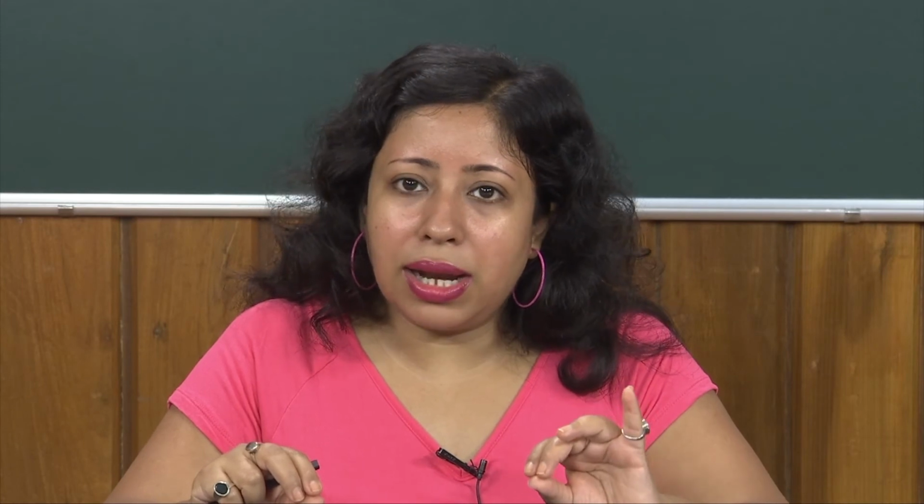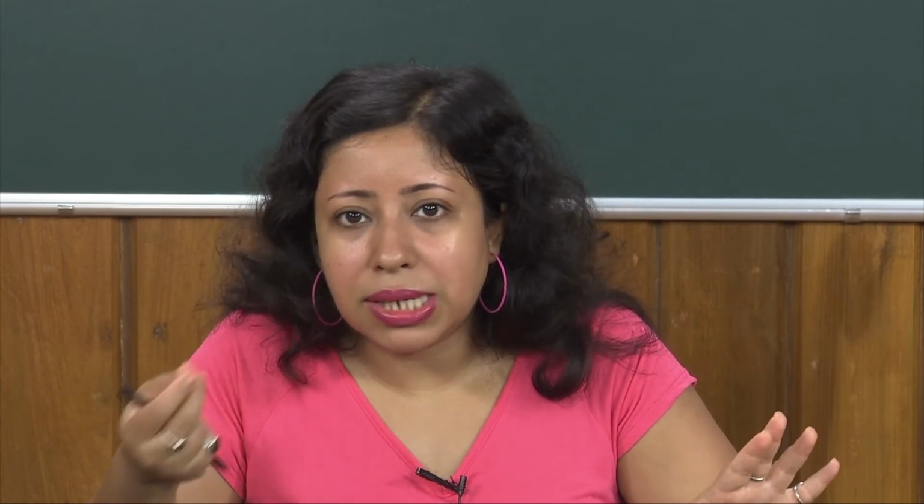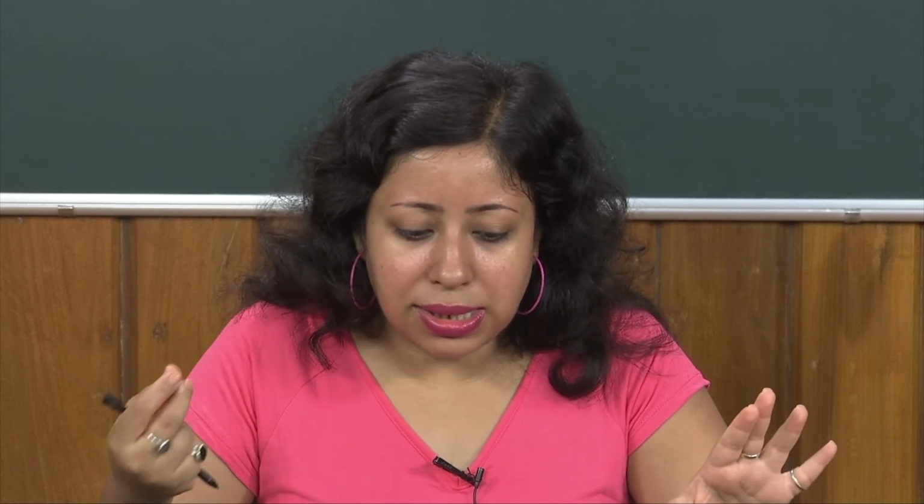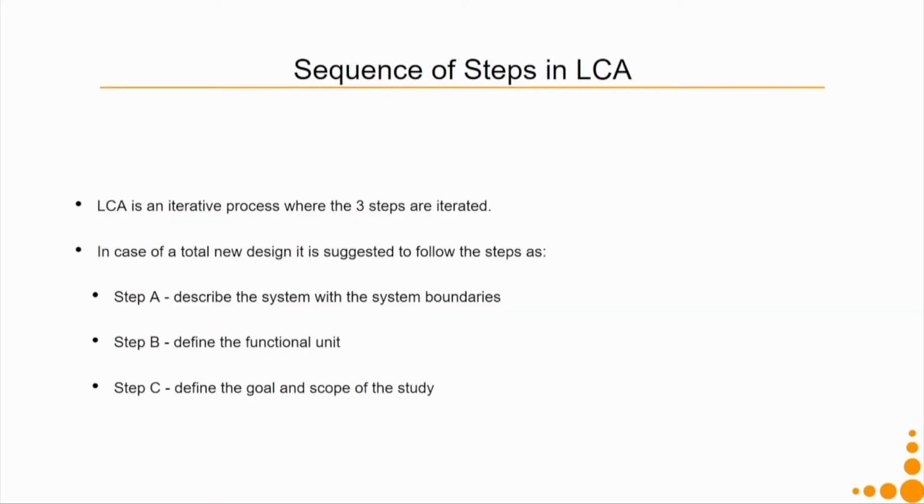Say for example, we did the calculation with a particular functional unit, and while doing it we realize that there is another aspect of the design which we could have improved or which we could have brought into the functional unit. We again redo and change the description of the system, change the description of the functional unit. So as a result, when we are in the design phase, LCA is more like an iterative process, where we keep on iterating steps A, B and C and try to optimize our design.